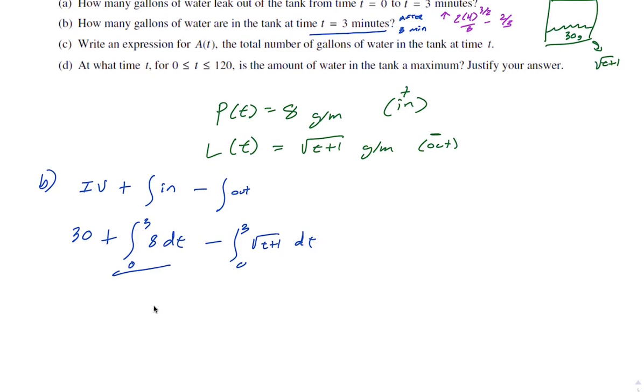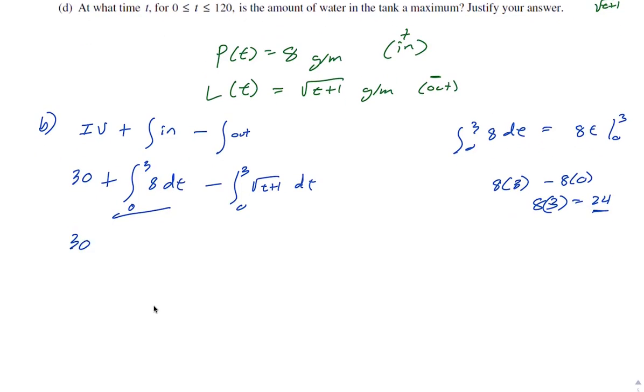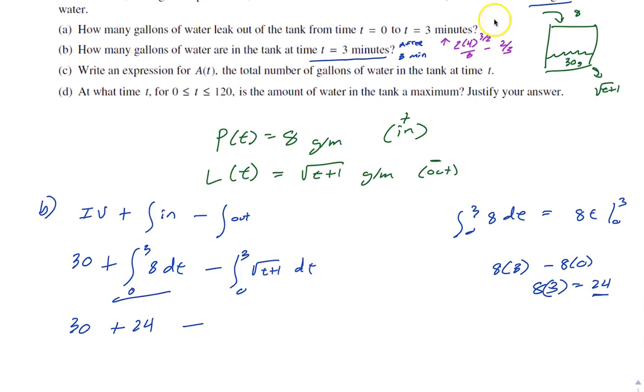Well, this is a basic integral. The integral from 0 to 3 of 8 dt. You just add the variable to it, so it's 8t from 0 to 3. Then top minus bottom. 8 times 3 is 24. So this is 30 plus 24 minus the out, which we found was right here.